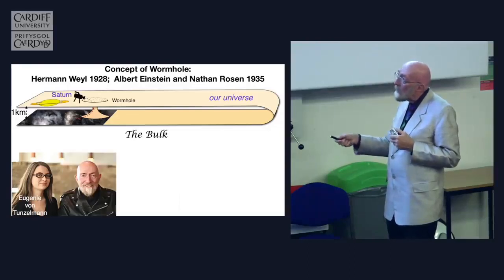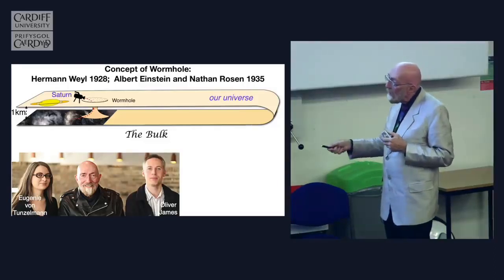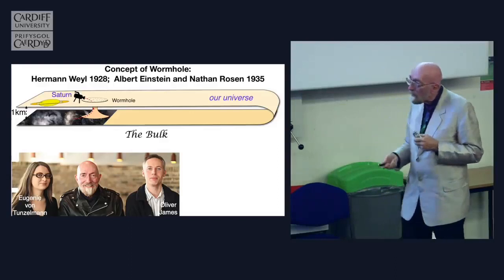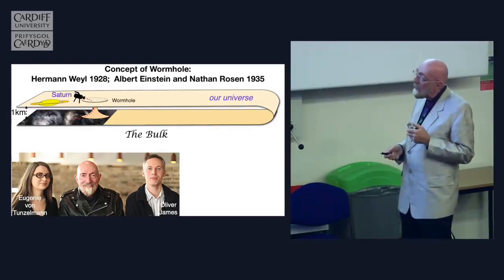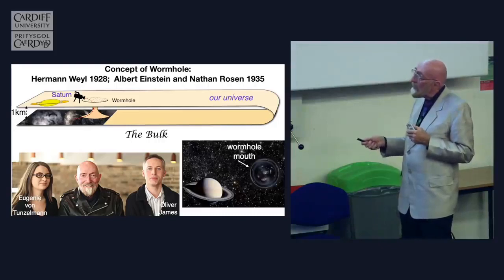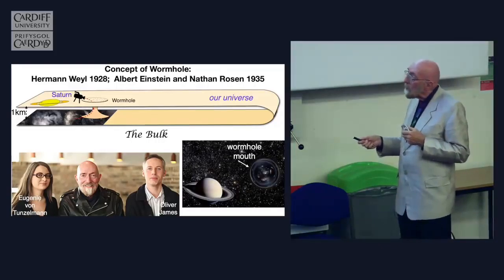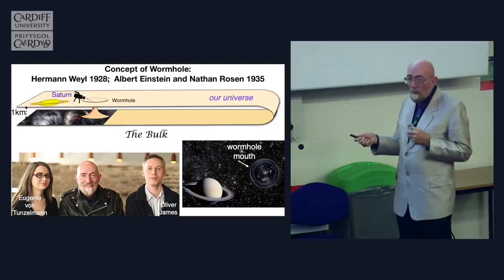I worked out the equations for the propagation of light beams from that galaxy through the wormhole up to the camera. I fed them to Oliver James, whom I have mentioned before, who is the chief scientist at Double Negative, and he then programmed those to make a movie that I'm going to show you of what it looks like to go through a wormhole.